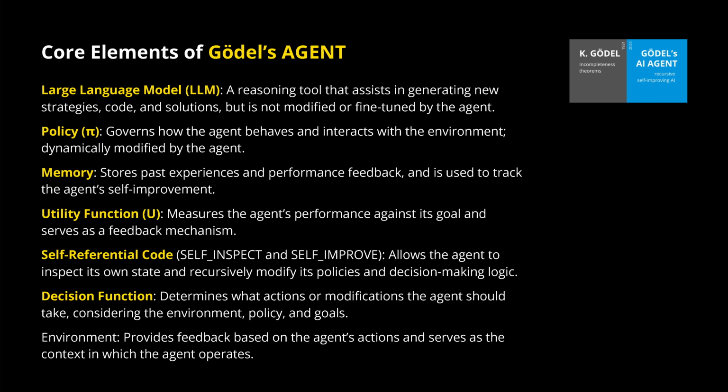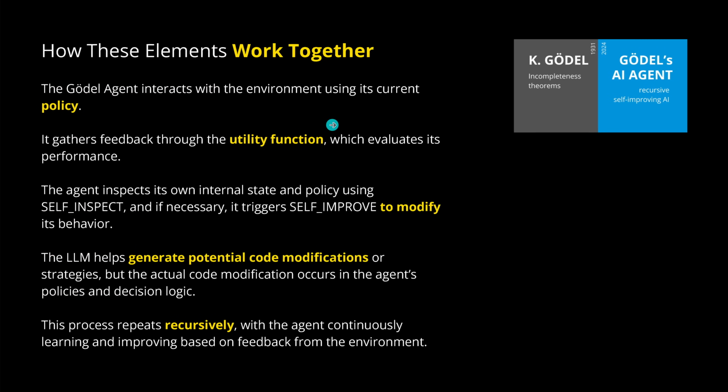If you have not seen my last video, I was talking about Gödel's agent, about an LLM, a particular policy, the memory, the utility function, the self-referential code, all the decision functions that we need, and the interaction with the environment. And I showed you how those elements work together in Gödel's AI agent to have a real recursive self-improving AI.